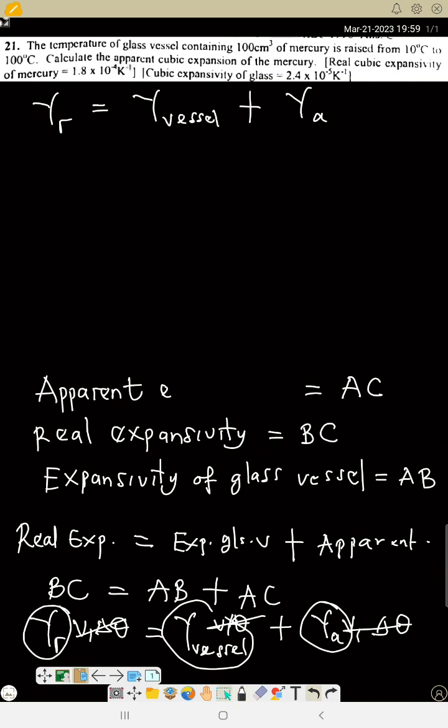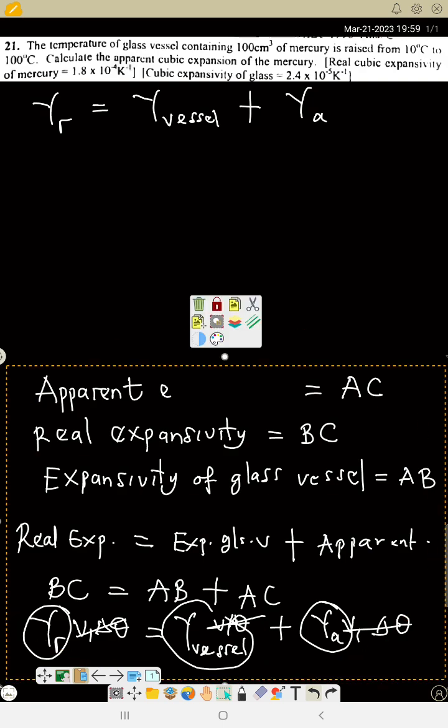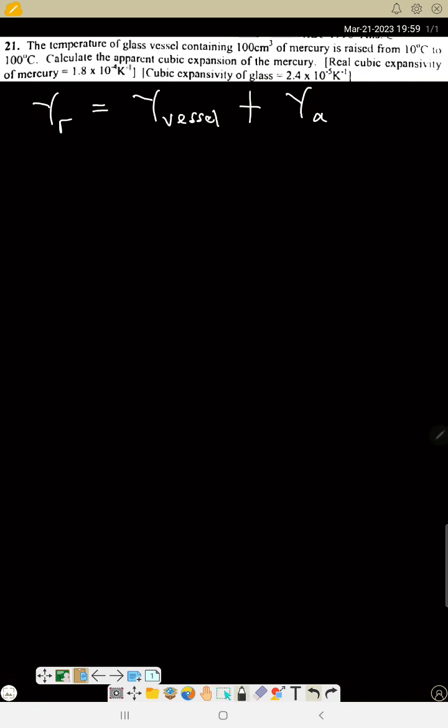So now from the question, we already have the data given.